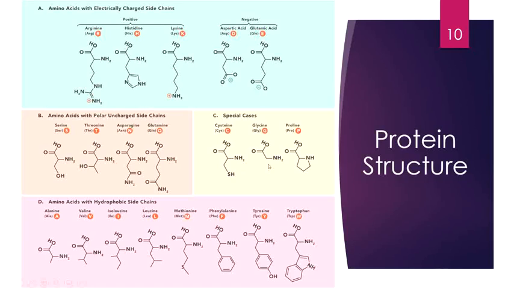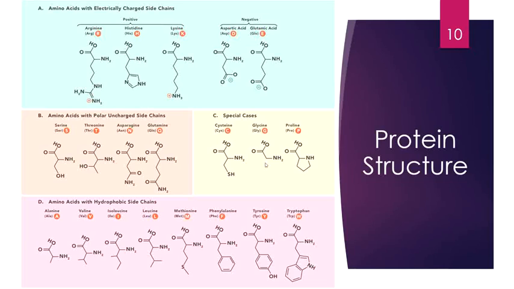Whereas glycine does not have a side chain. It only has a hydrogen in place of the other R groups. And since it does not have a side chain, what is the problem? The problem is that it is highly flexible. It is such a small molecule that it is highly flexible.